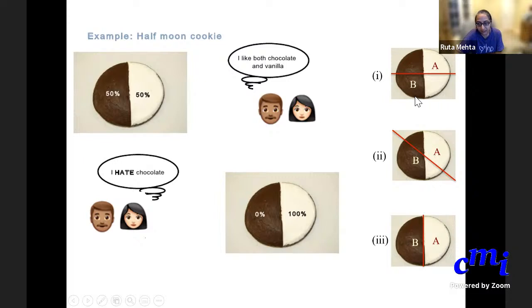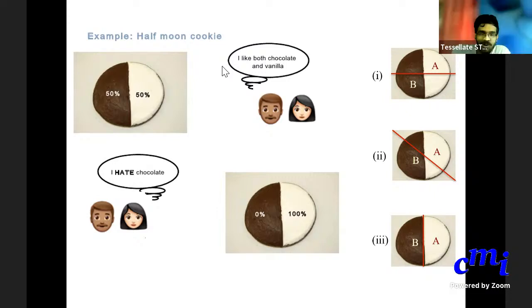Let's say outcome one, where I just divide equally the chocolate and vanilla between the two. Is it fair or not? Any thoughts? You can speak up. Someone says it's fair, but not optimal. Good point. You can't say it's not fair, because both of them are getting an equal amount of both. What more fairness do you want? But it is definitely not optimal.